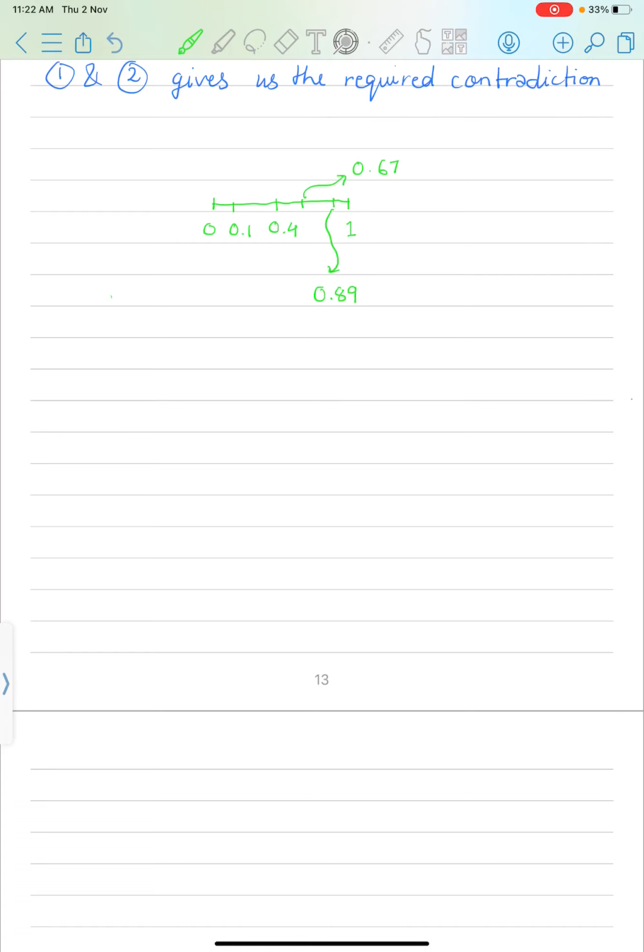So x0 is 0, x1 is 0.1, x2 is 0.4, x3 is 0.67, x4 is 0.89, and x5 is 1.